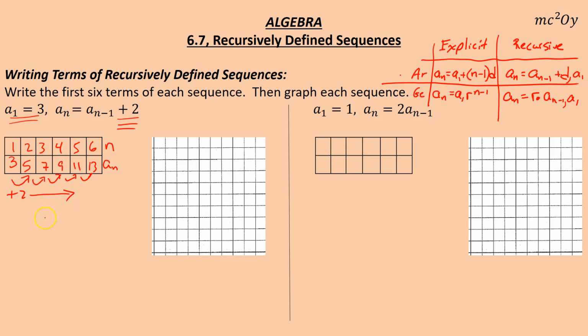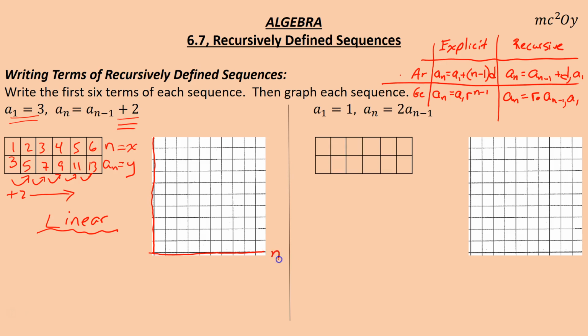Remember, that's a linear relationship. We have a rise and a run there. The other thing to note here is that when we're graphing it, we only have to graph it in the first quadrant, our positive quadrant, because our values that y would be and our values that x would be are both positive. Remember, n is the same thing as your x. A sub n is the same thing as your y.